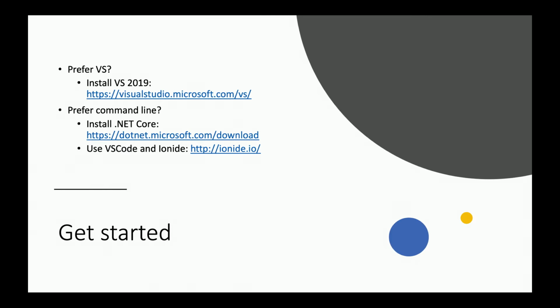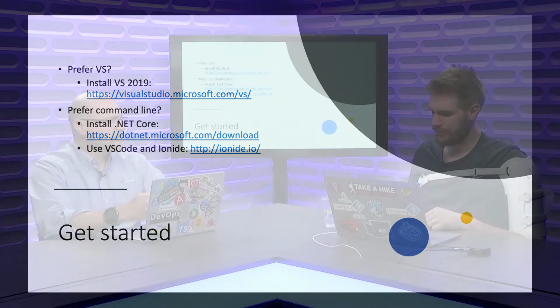You just have to actually install it. If you prefer the command line, you can download .NET Core. Then if you have Visual Studio Code and Ionide, which I personally prefer, Ionide's a plugin that you can install in Visual Studio Code. It's got something like 1.2 million downloads and it's pretty easy to find. Then you can have a good command line tool set, and you can new up a bunch of really cool stuff, and you get a great editor with VS Code and Ionide. Very cool. Looking forward to seeing that.